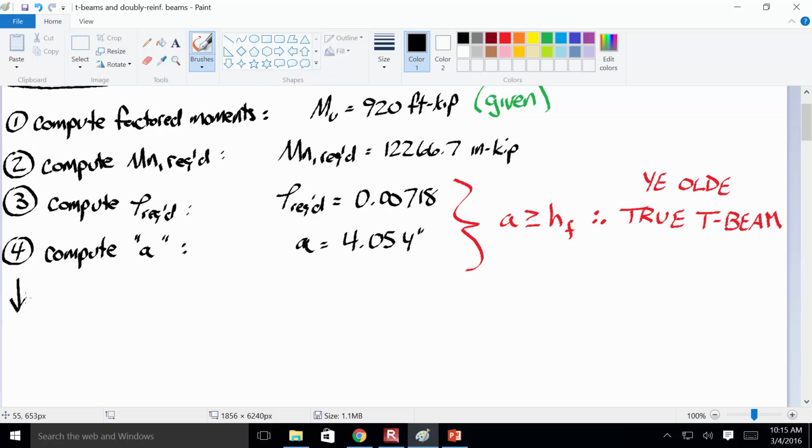So if we're dealing with a true T-beam, we go to step 8. Now step 8, we need to deal with the flange steel couple.